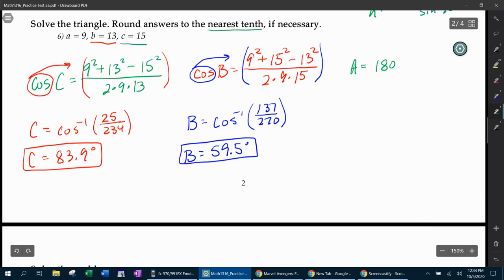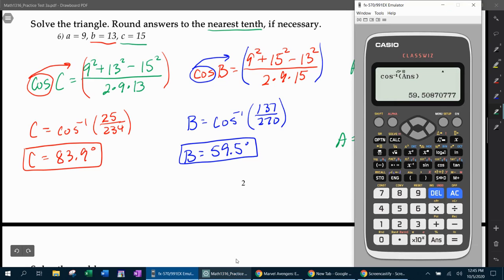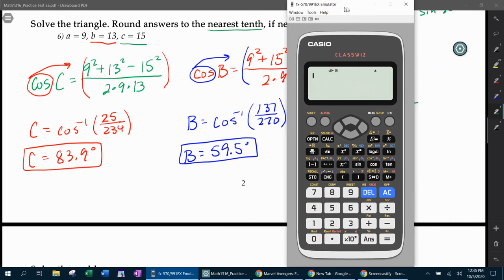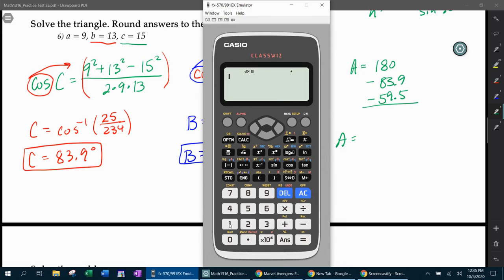So angle A is going to be 180 minus angle C minus angle B. If you want to use the law of cosines, you can, but this is definitely going to be faster. Oop, I need that as a decimal. 36.6.